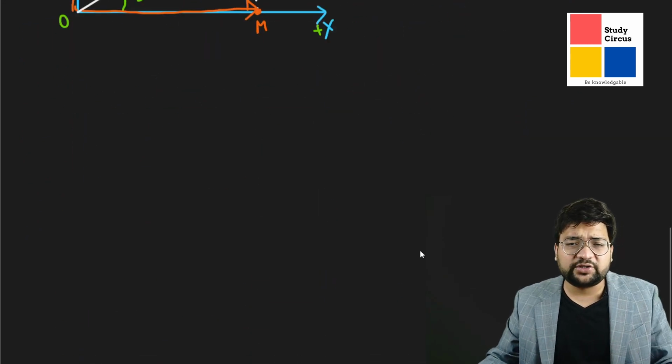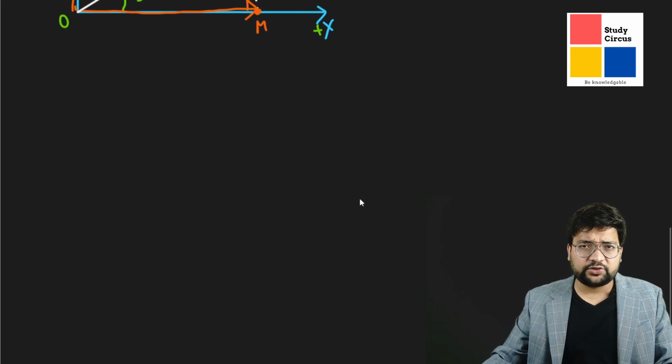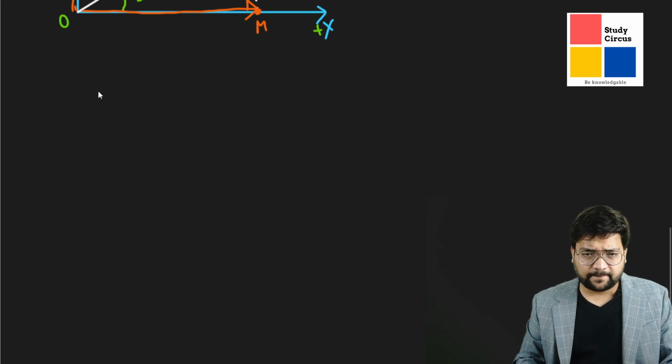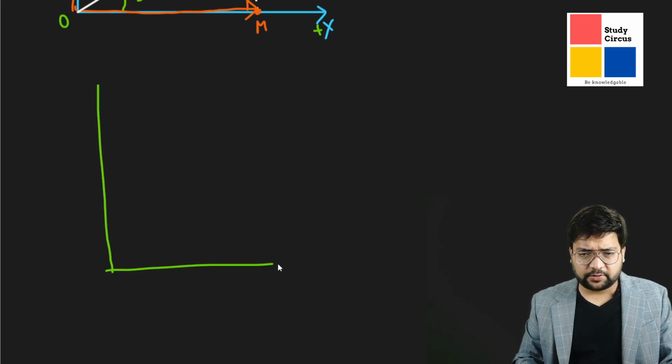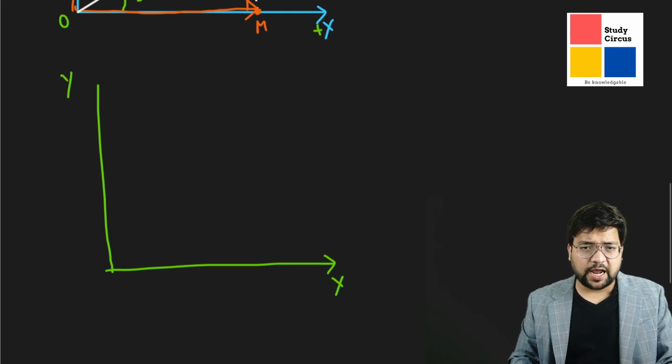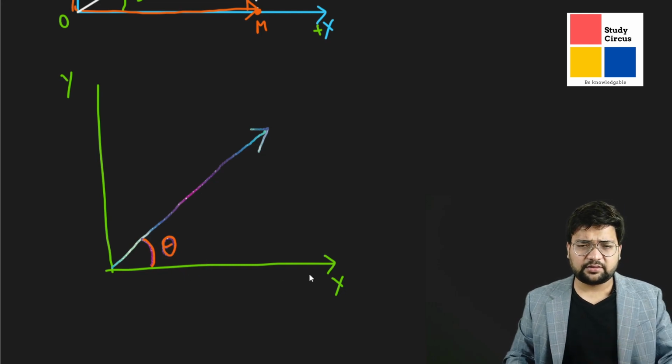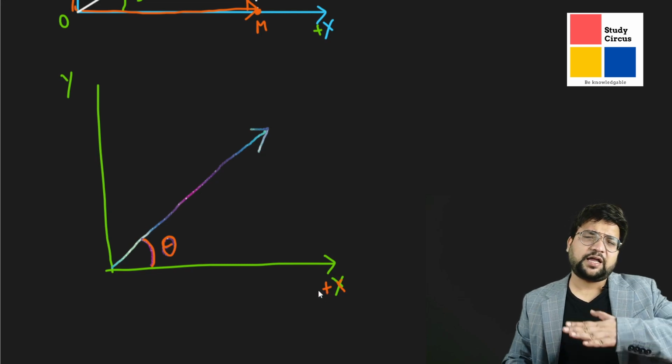So if I want to generalize this, let's say this is the coordinate axis, x-axis, y-axis. Any vector you take, if the vector is at an angle theta from the positive x-axis, theta can be any angle.